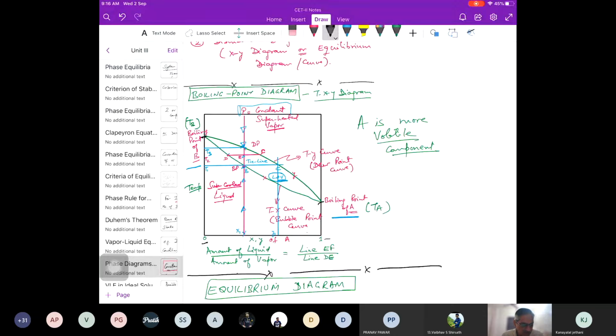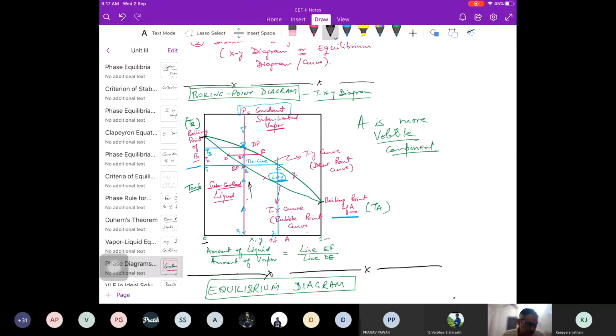Okay, see, that is why it is called Tx curve, or T versus mole fraction in the liquid phase. And as we increase the temperature, if I take this line and increase the temperature, लिक्विड है ये, लिक्विड का टेम्परेचर बढ़ाते बढ़ाते आया तो बबल पॉइंट आएगा, फर्स्ट बबल आएगा. उसके बाद जैसे टेम्परेचर बढ़ाएंगे, it will be a mixture of liquid and vapor, वेपर्स बढ़ते जाएगा.